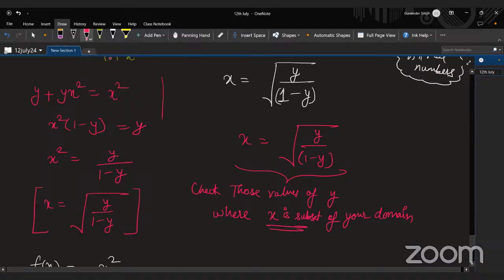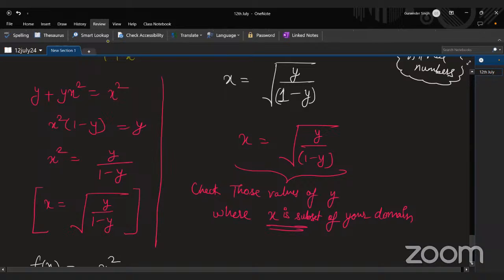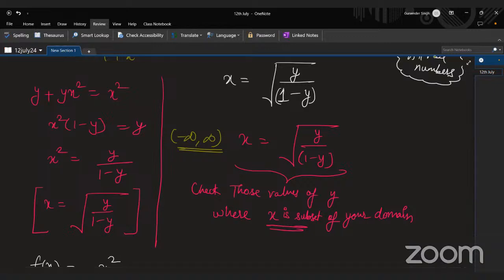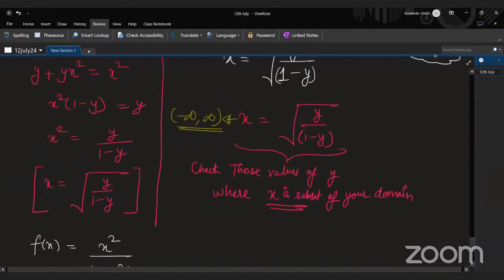So I need to input those values of y such that the result, under root of y divided by 1 minus y, turns out to be inside the domain, where x ranges from minus infinity to infinity.